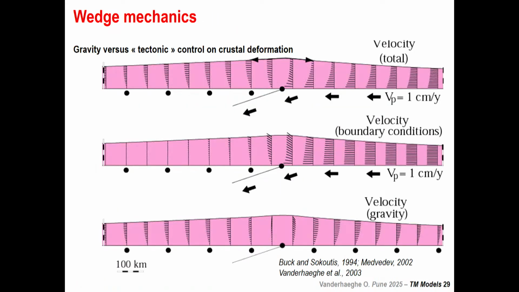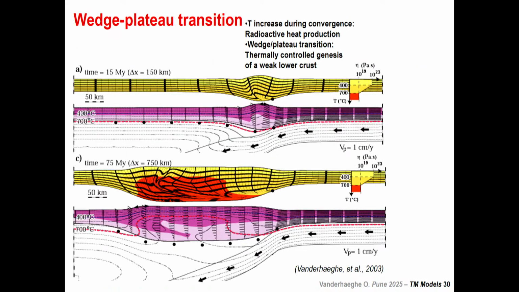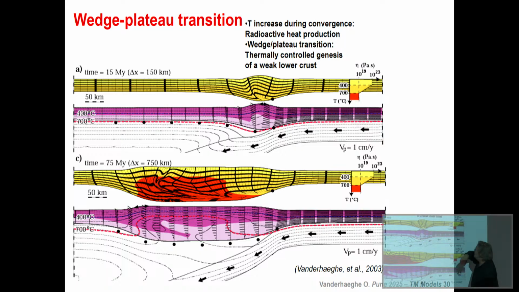So then we played a bit more, and we said, okay, with isostasy, there was no isostasy here, and we put isostasy, and we look at the same kinematic boundary condition with the plate going below another one, but then we put also thermal computation, rheology that is more complex, with radiogenic heat production in only the top part.